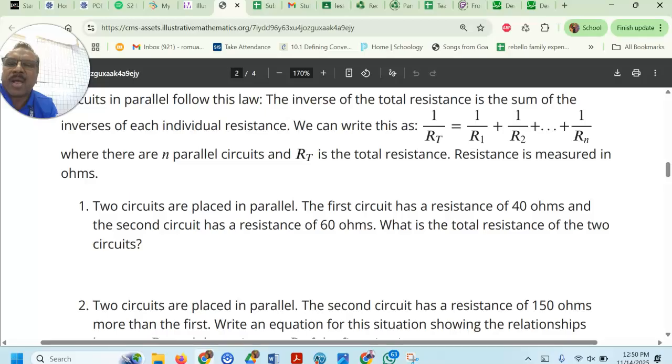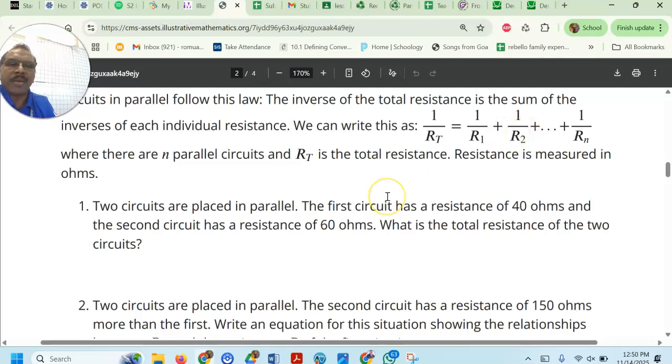And the first question asks: two circuits are placed in parallel. The first circuit has a resistance of 40 and the second one has a resistance of 60 more. So that means R1 is whatever it is, and R2 has to be changed to 60 more than 40.